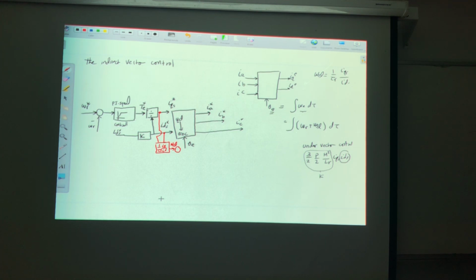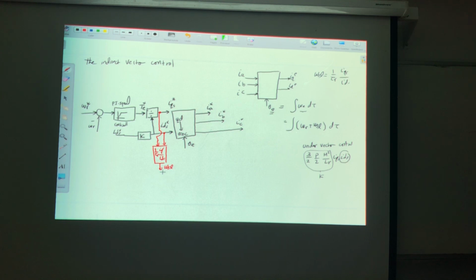I need space, so let's make room for this one. So this would be 1 over tau R, IQS over IDS, and this will be omega slip.